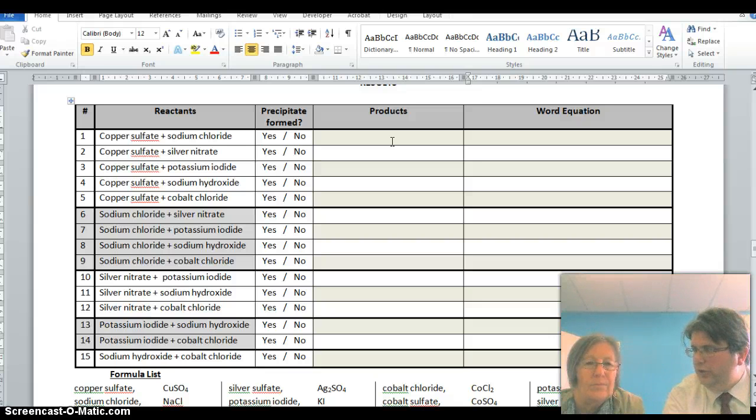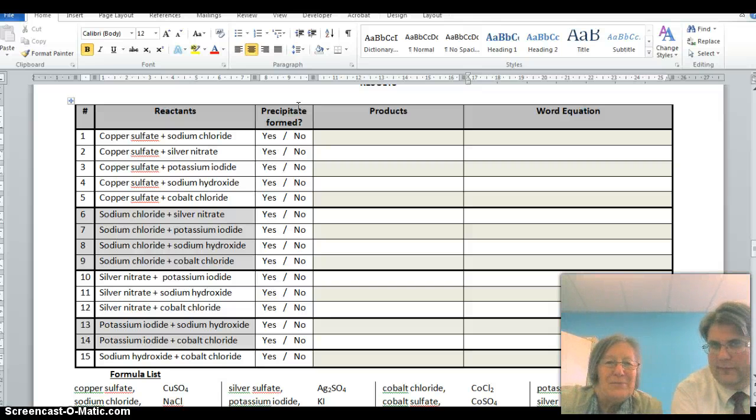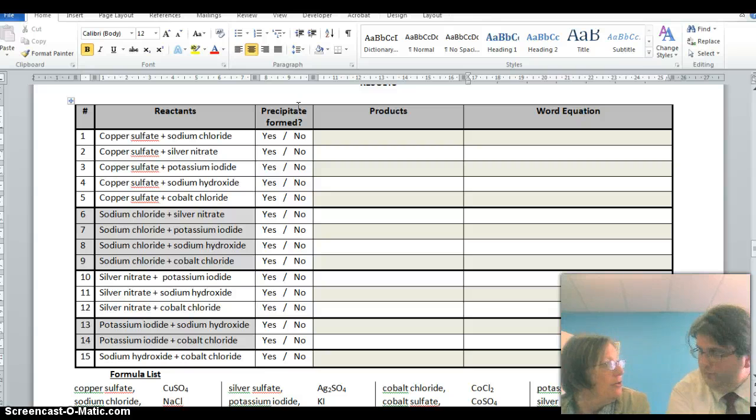If a chemical reaction occurs, you'll know it because a precipitate formed. So that means what, Mrs. Woodruff? The precipitate is the insoluble solid. The color change or the thing you saw floating, so you know whether there was one or not. You took pictures, so you should have that information.